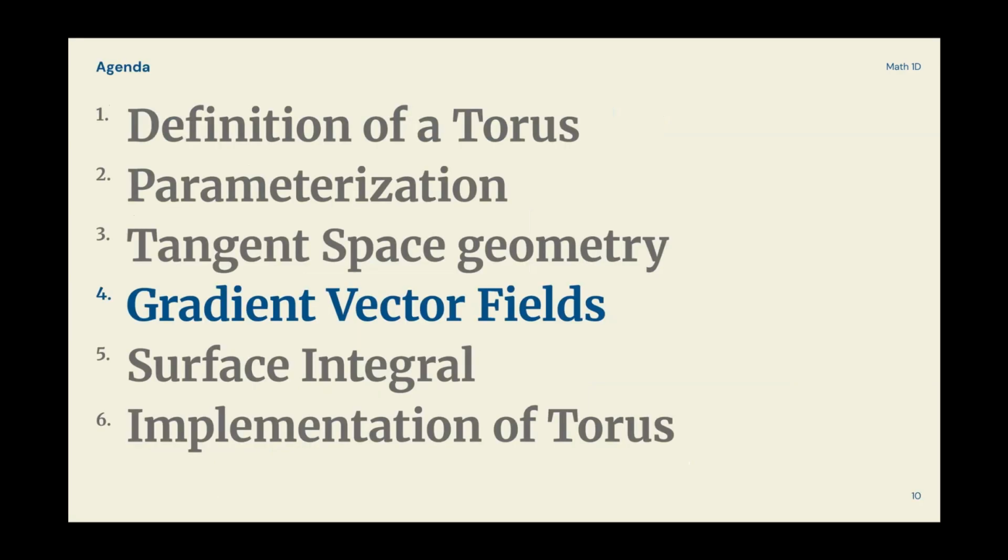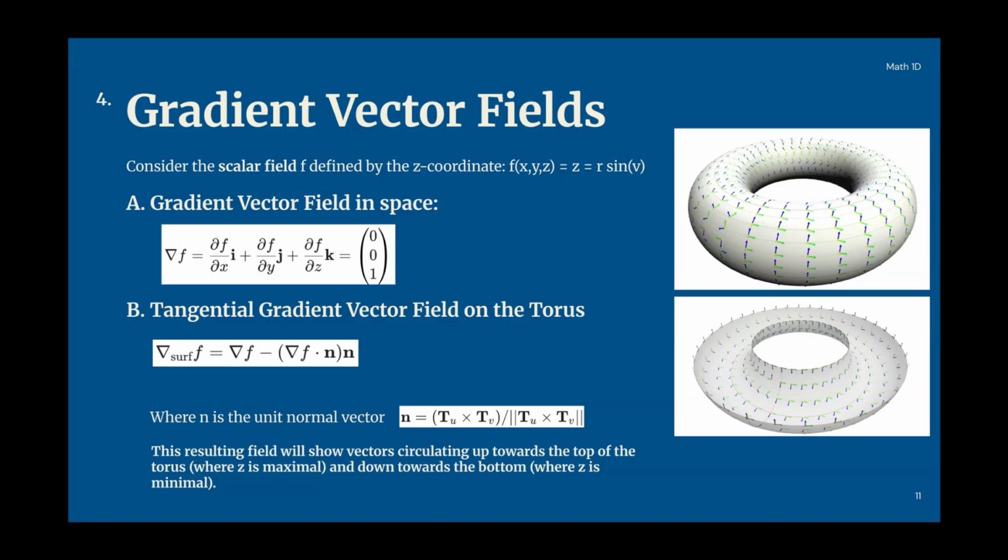Let's move on. We're going to talk about gradient vector fields. We start by considering the scalar field f defined by the z coordinate, which is f of x, y, z equals z, or r sin v.